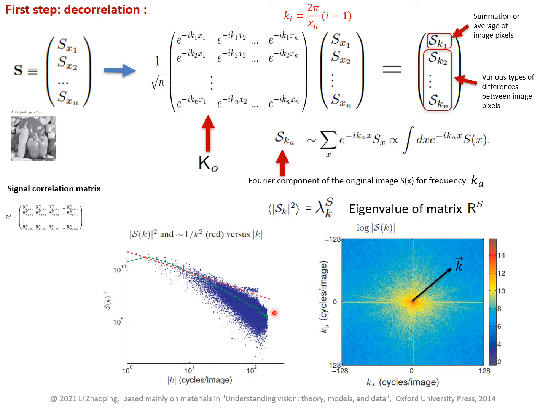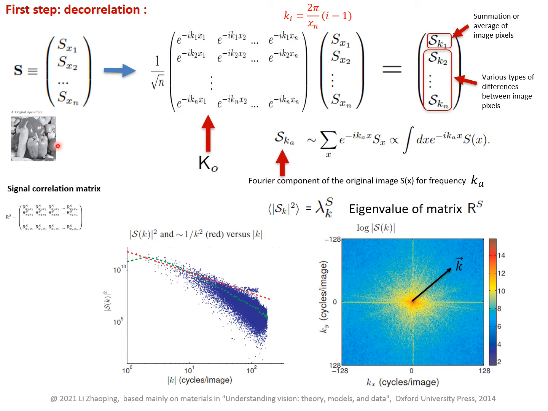We can also view it in this plot, which plots the magnitude squared versus the magnitude of the frequency k in cycles per image. Each blue dot is an example magnitude and example direction. If you average over all directions given the magnitude, you get this green curve.